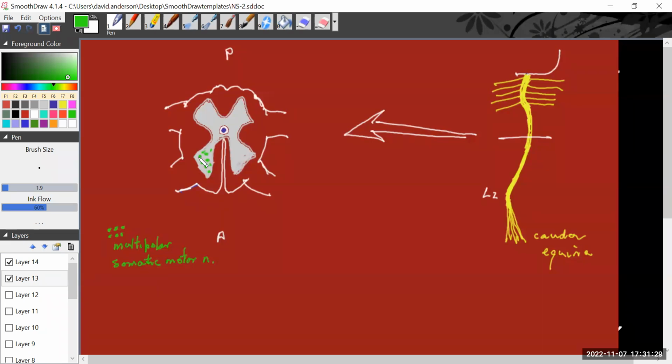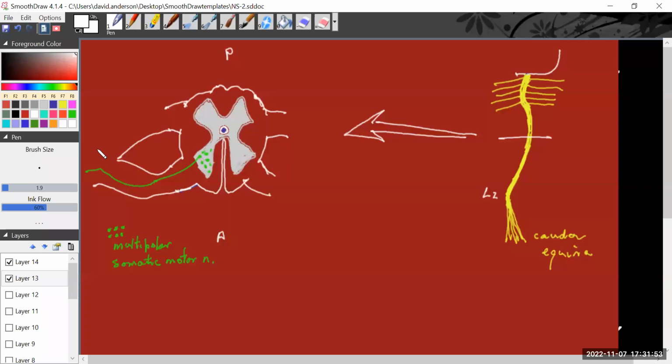They're going to leave through the dorsal root, okay, and they're going to travel in a spinal nerve. So remember we said that spinal nerves will leave the spinal cord through a ventral root.